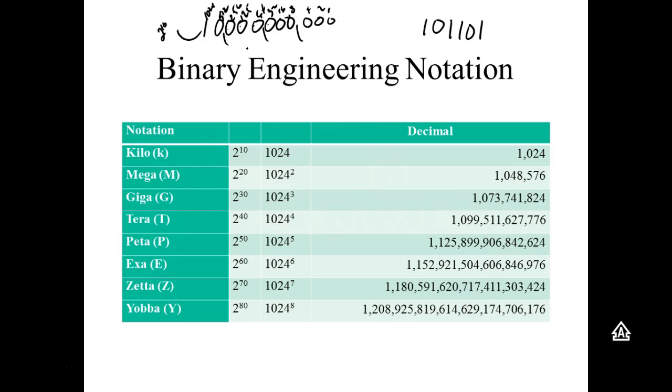So normally when people say a gig of memory, they think it's a gig, a million, right? But it's not. It's this. When we're talking about computers, we're dealing with the base 2 numbering system. We're not dealing with a base 10 numbering system.